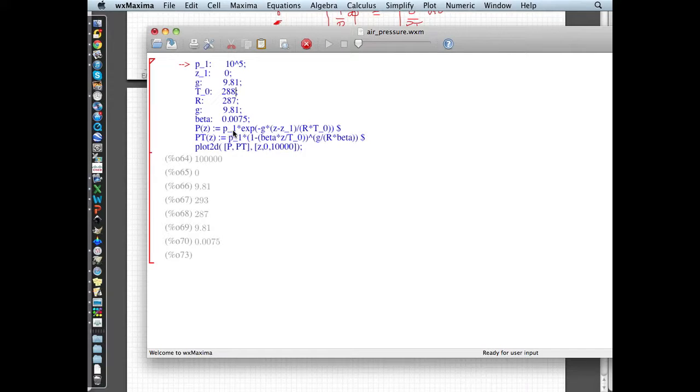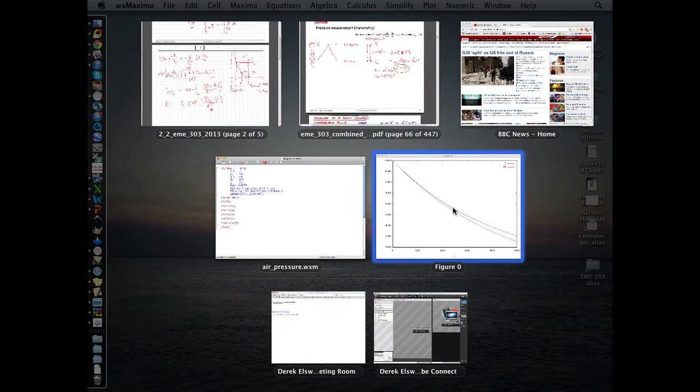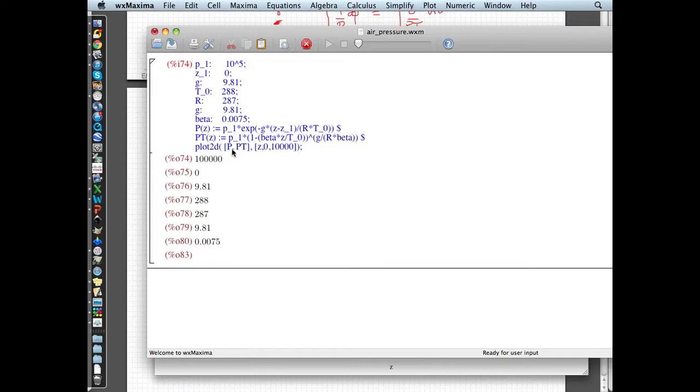And this is just our expression: P1 times the exponential of (Z minus Z1) over RT. And let's see if this executes. Probably does. There are two expressions in this, right? I can take this one out. Remember that this other one's called PT, if I need to put it in.